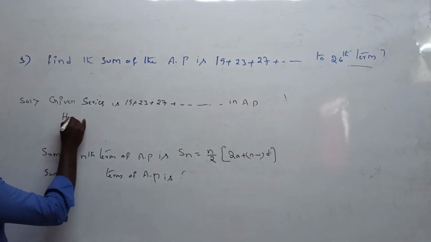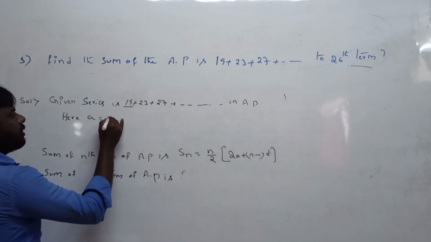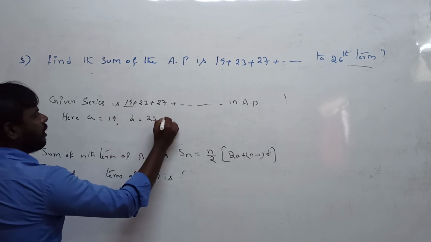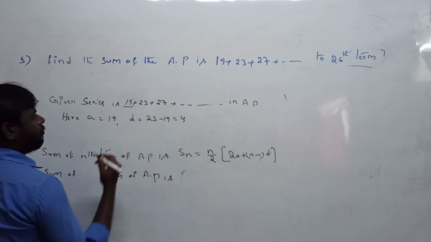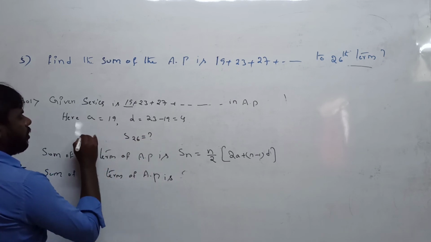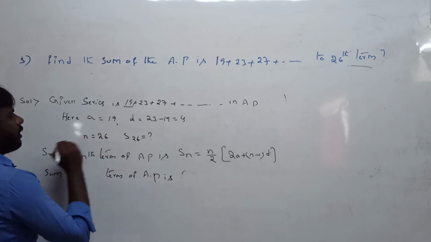Here what is the first term? First term is 19. Difference is 23 minus 19, that value is 4. To calculate sum of 26th term, n is nothing but 26.